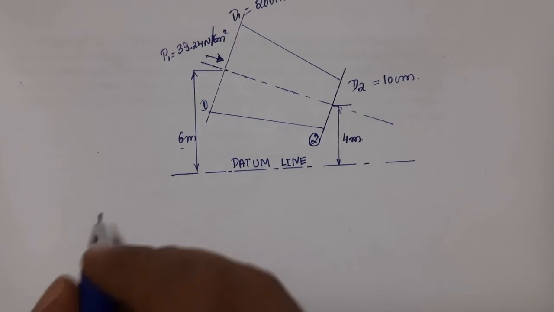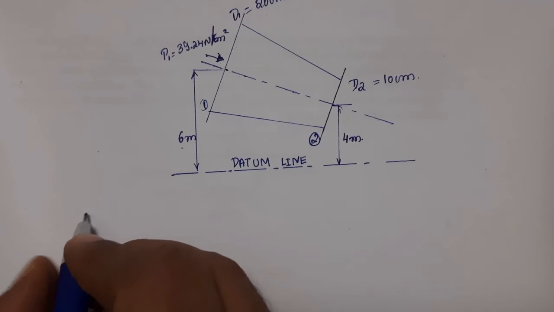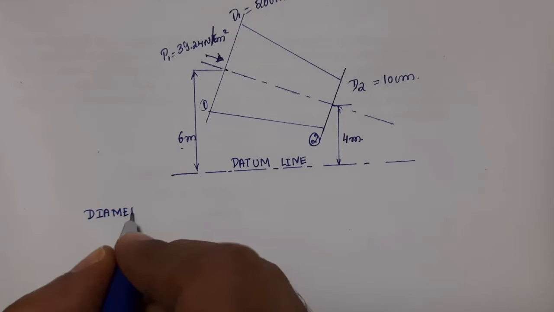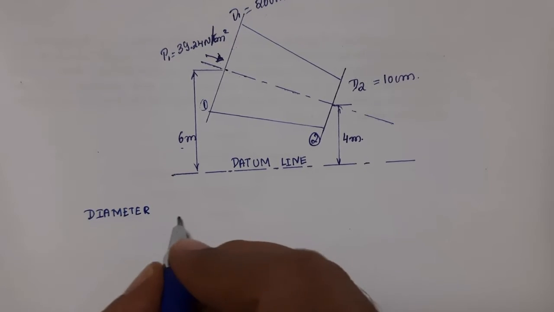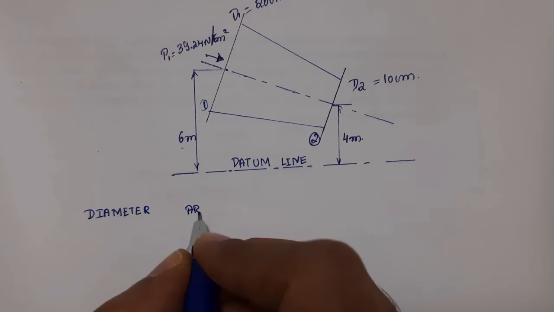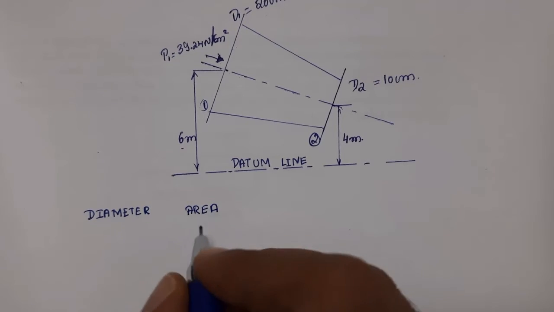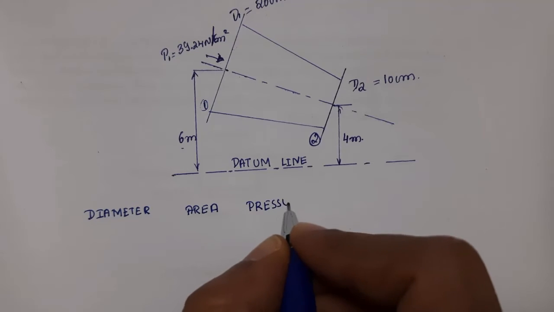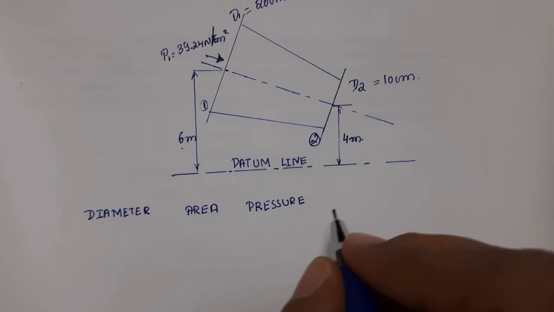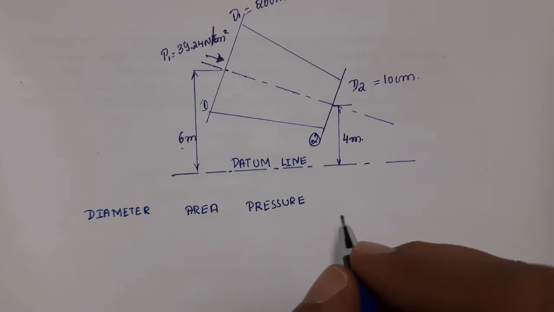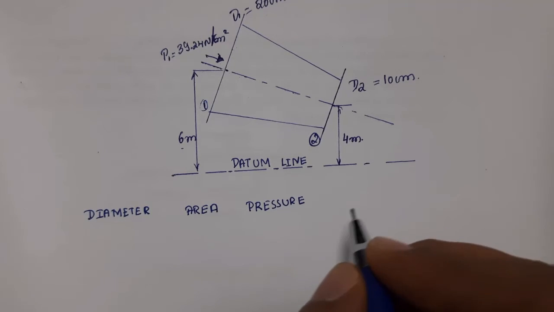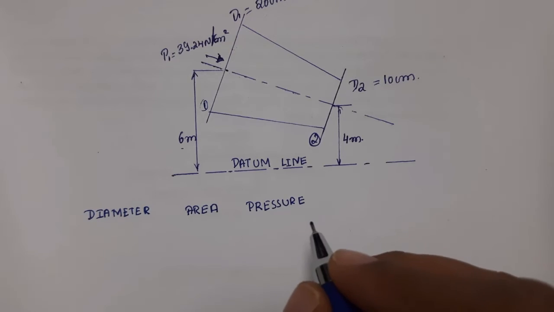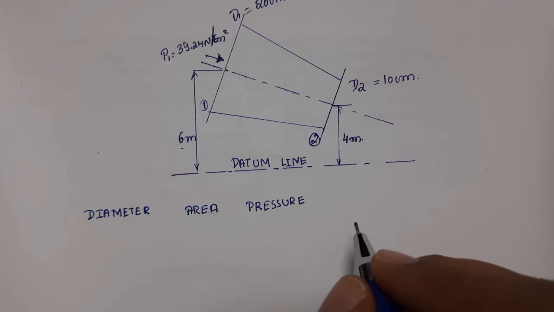Now let us write down all the given data. The first one is the diameter, then area, the pressure, then we have velocity, as well as we have even the data, that is rate of flow is also given.